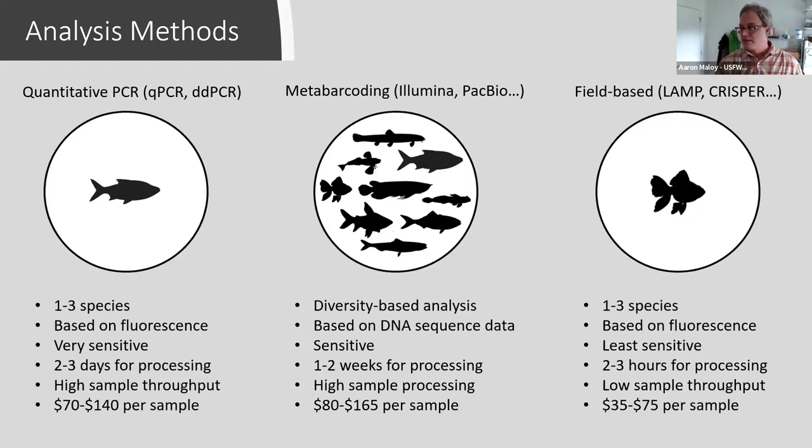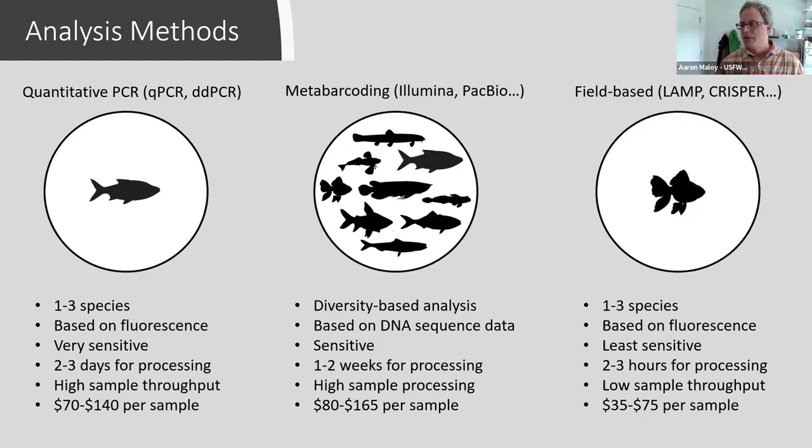They're both quite sensitive assays, but I would say that the quantitative PCR is generally a little bit more sensitive than metabarcoding is for the target species that you're looking for. There is some differences in processing. qPCR is a little bit faster to process in the lab, maybe 2 to 3 days versus a week or 2 for metabarcoding. Metabarcoding has some additional steps that take place in the laboratory side. The collection in the field is essentially the same for either. That additional work is in the lab.